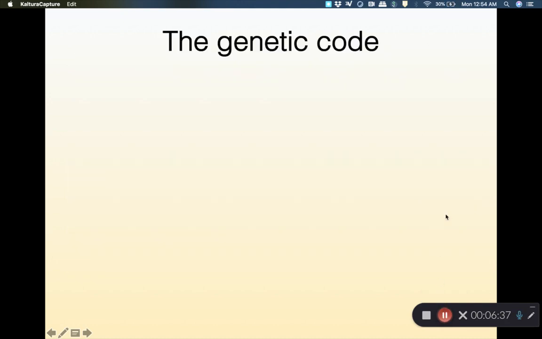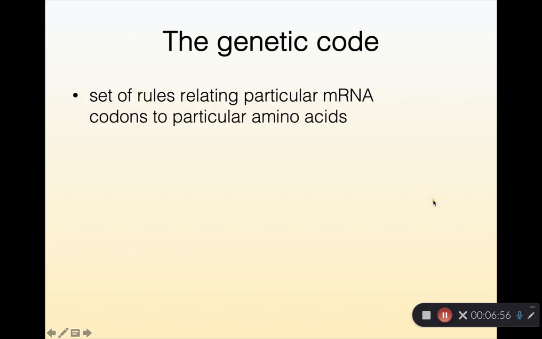So let's think a little bit specifically about that genetic code. So we went from a DNA sequence to a mRNA sequence to a tRNA sequence, and that encodes for a specific protein. But within this genetic code, it's good to understand that there's a set of rules of relating particular RNA codons to particular amino acids.